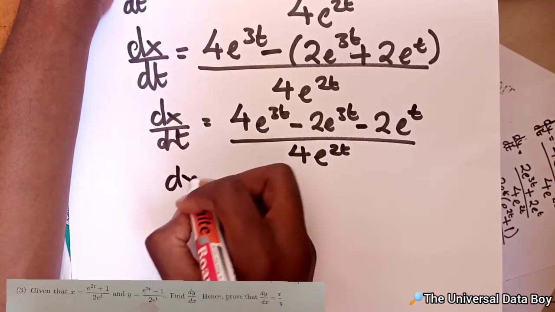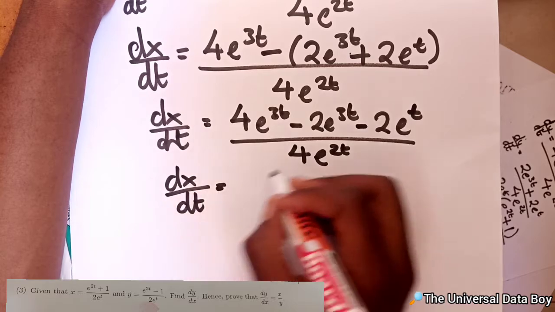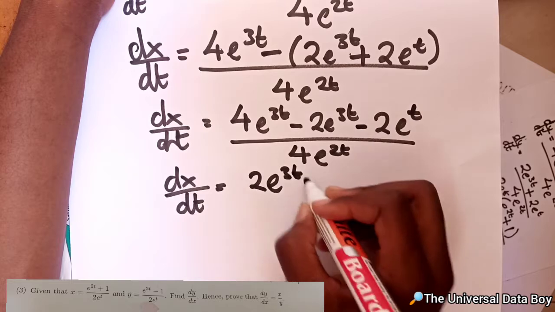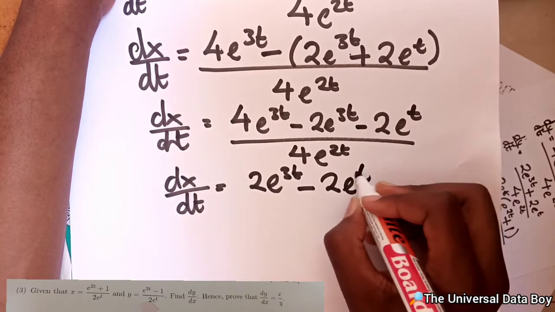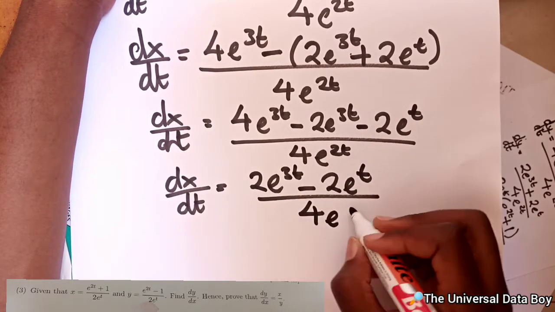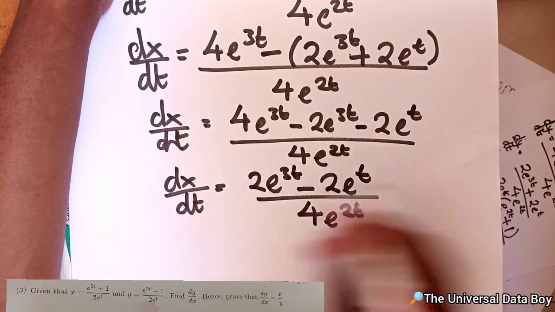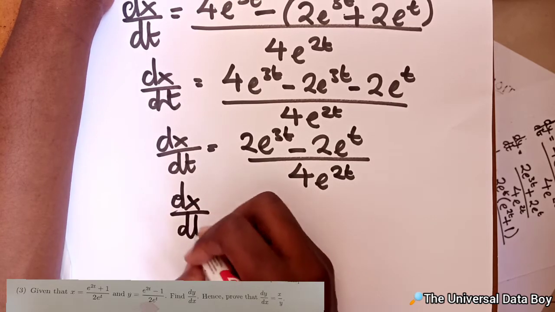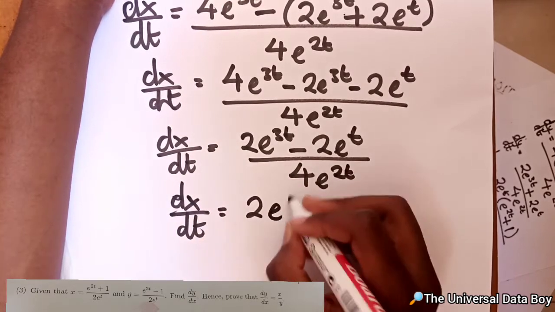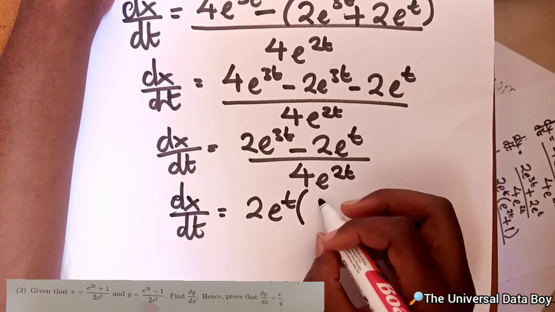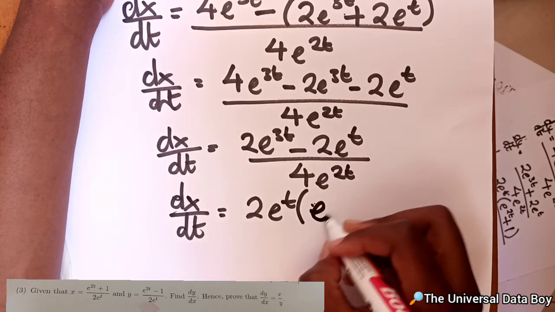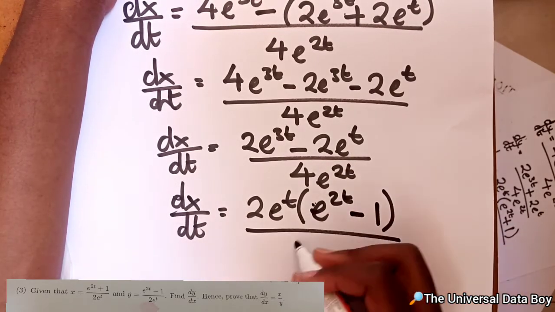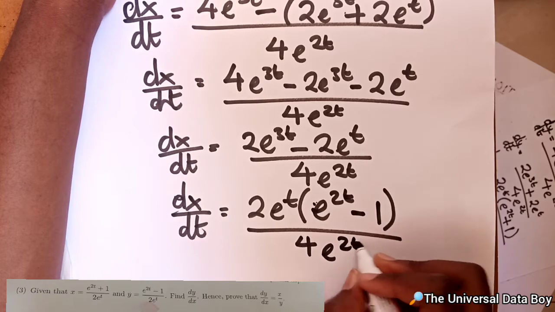So we're going to have dx over dt being equal to, when you subtract here, 2e to the power 3t minus 2e to the power t all over 4e to the power 2t. So then you're going to have your dx over dt. When you factor out, you have a 2e to the t. When you remove it, we are going to remain with e to the power 2t minus 1, all over 4e to the power 2t.